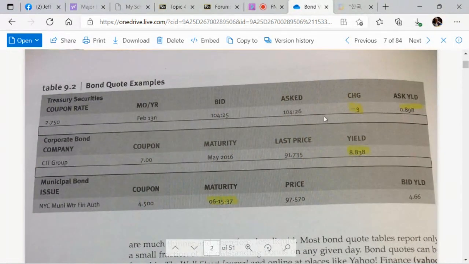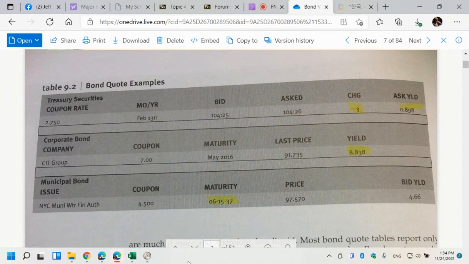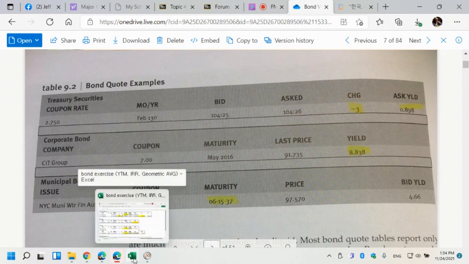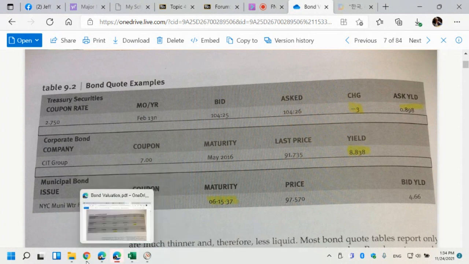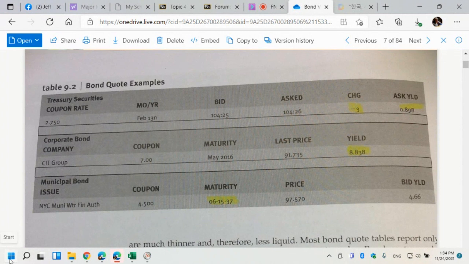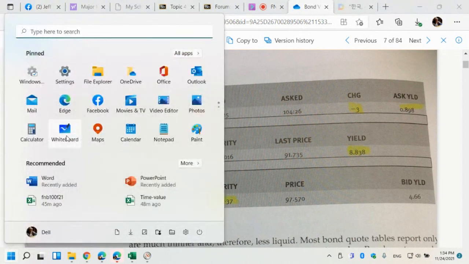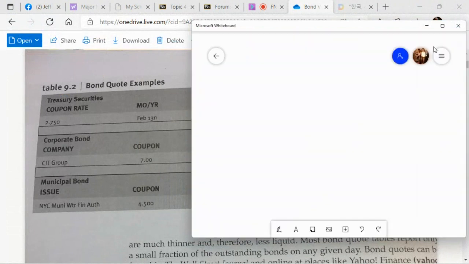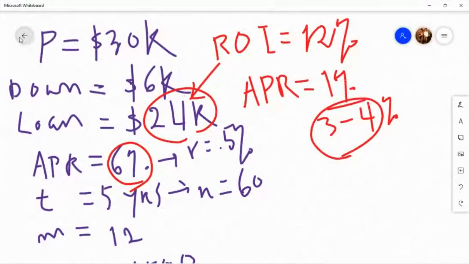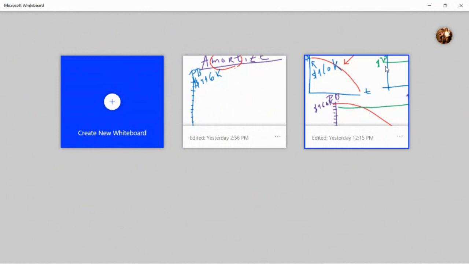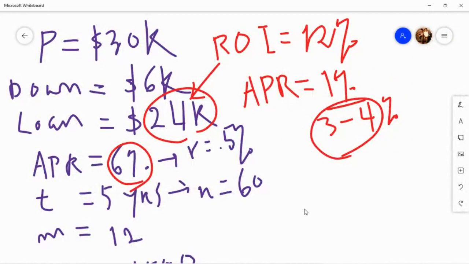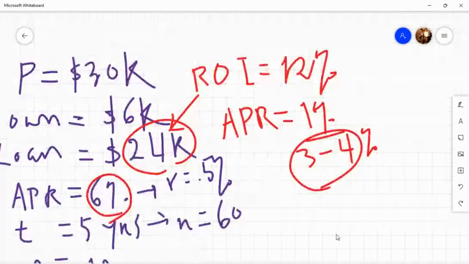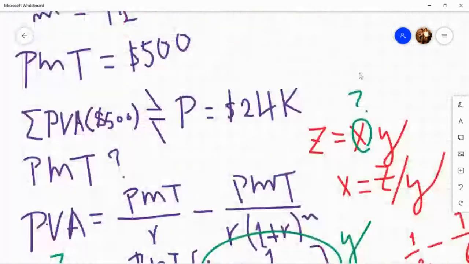But then the decimal part, that's actually because Treasury uses the 32nds system, thirty-seconds. You might wonder, what is the 32nds system?